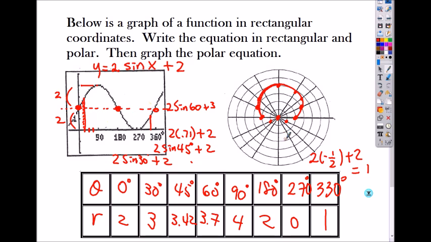At 300, it's not 2. So here, it will be somewhere close to 1, less than 1 actually. So you get a point over here, so it looks like this. Not quite a circle, neither oval, but it has a little loop in here. Okay, so you should know how to use the trig graph to graph polar.